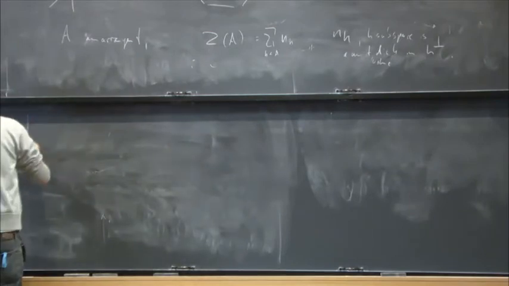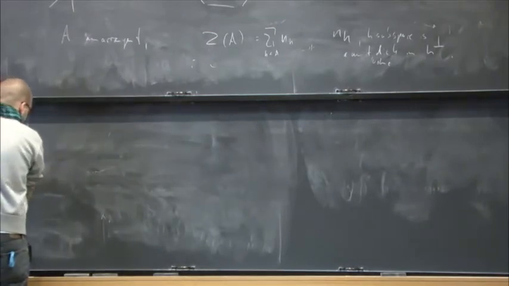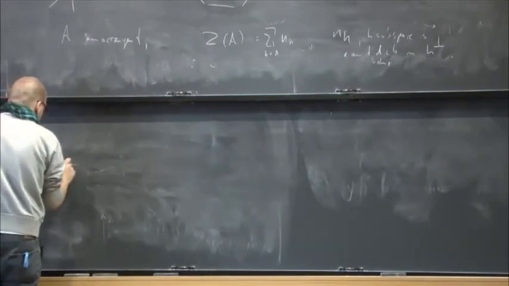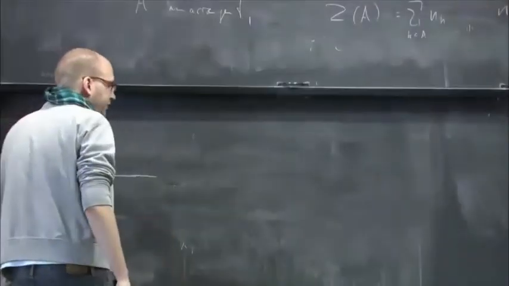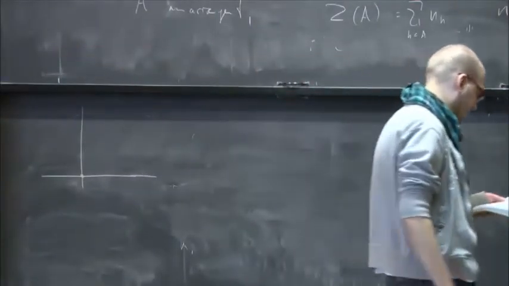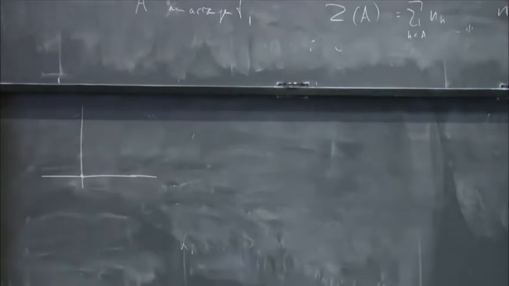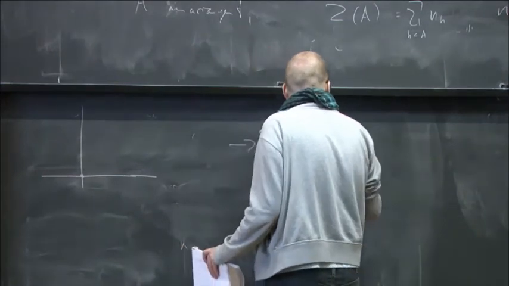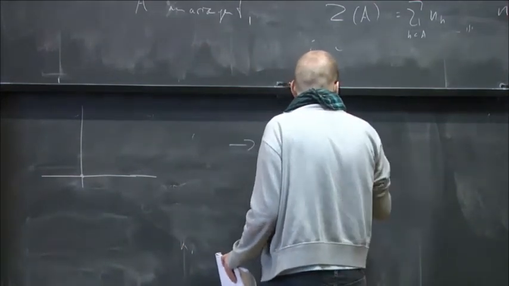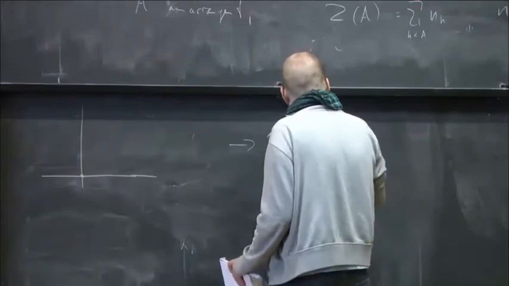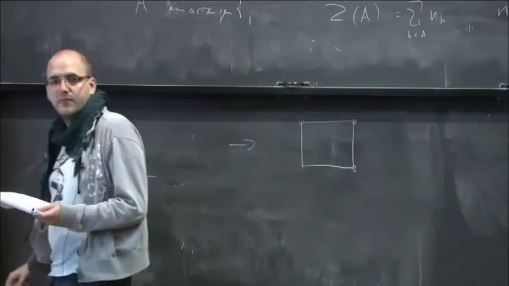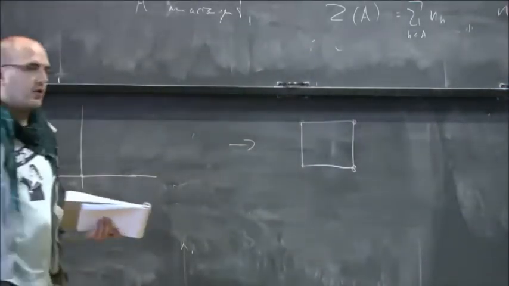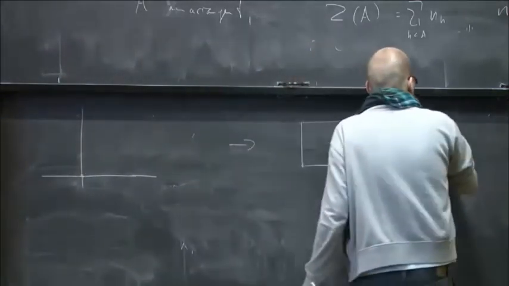So let me make a very simple example where we can just compute it. Let's look at this hyperplane arrangement of just two orthogonal lines, and let's look at the zonotope. The zonotope that I would associate to this is just the unit square, a square of unit edge lengths. So what would be the coefficient sigma tilde that I would associate to this?